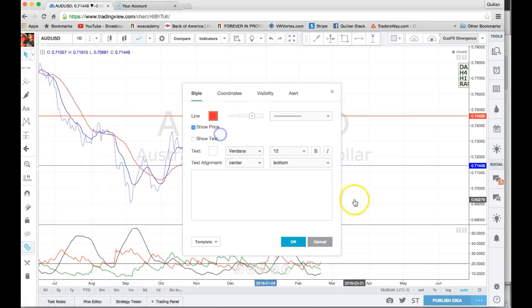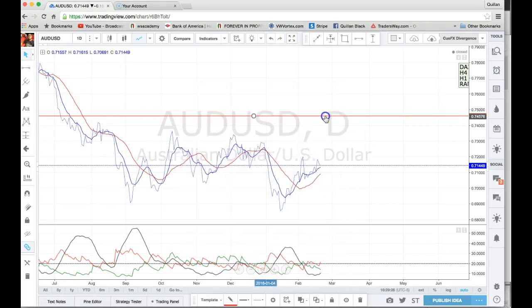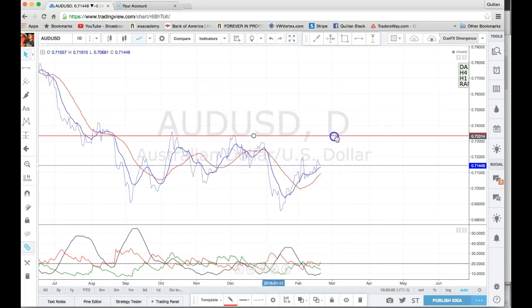Make it red. Coloring it tells you what level of strength these horizontal lines have. You could say, oh my God, that's a daily chart support level or resistance level, compared to not having any indication of where you actually placed those support and resistance levels.